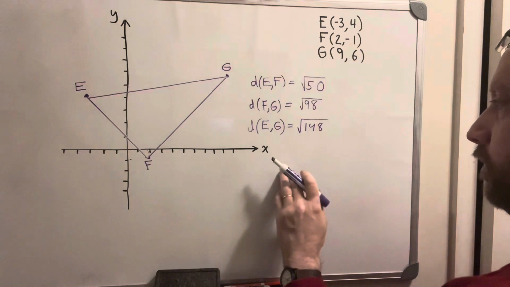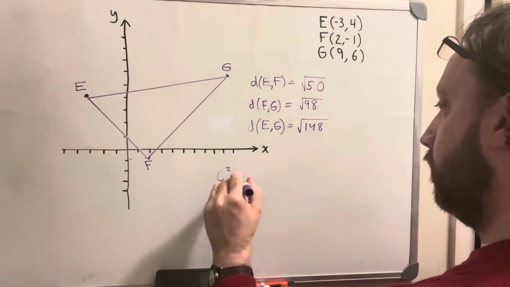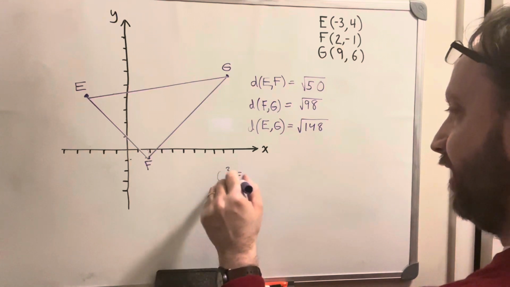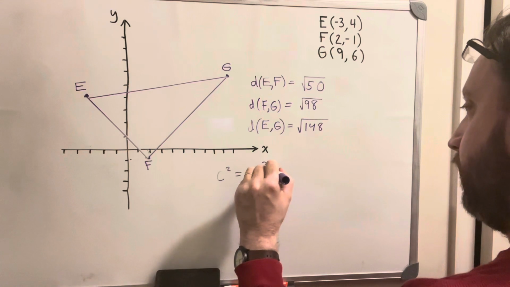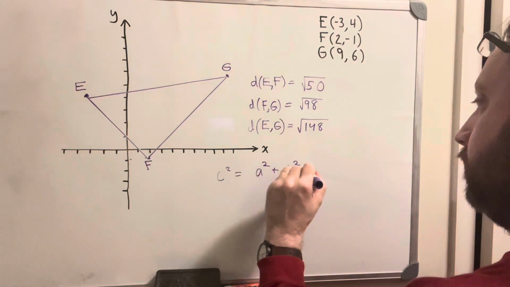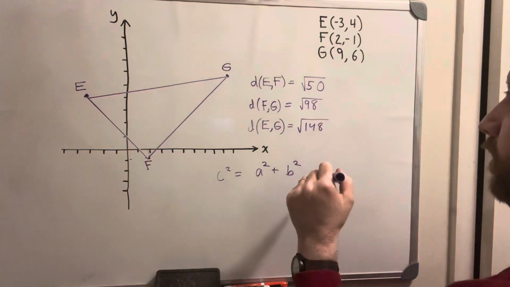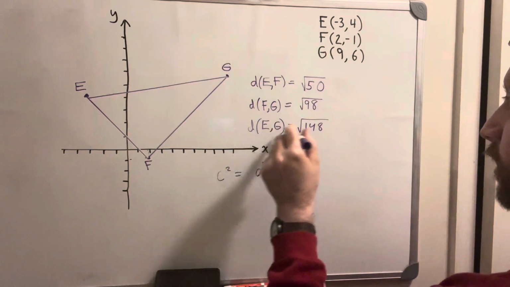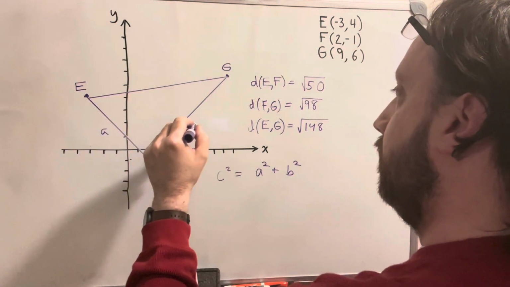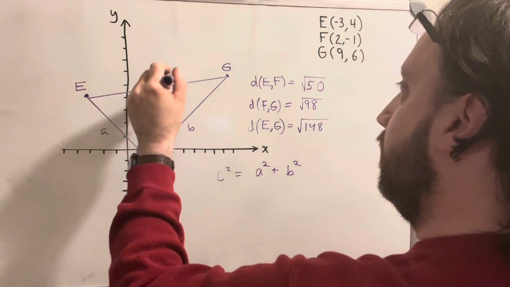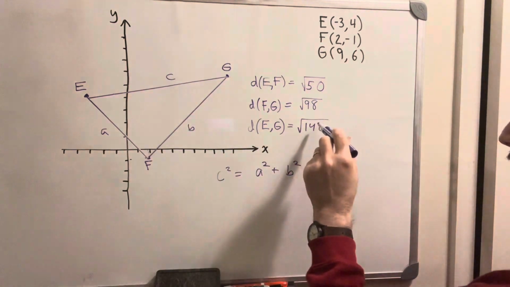And you remember the Pythagorean theorem looks like this. Let's call the longest side, the hypotenuse, C, and then the other two sides, A and B. See how these are all still within square roots? So if these are the actual sides, let's call this A and B and C, because we can tell this is the biggest side.